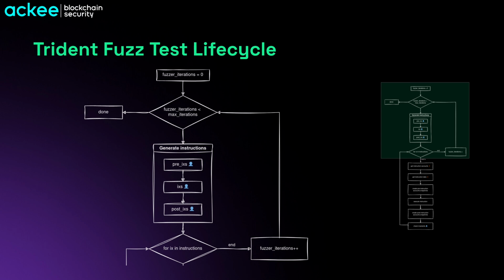So it might make sense if you want to try, for example, some reinitialization or something like that. But anyway, here the pre-instructions method gives you the possibility to call the initialization method and then run other instructions or generate the other instructions randomly.